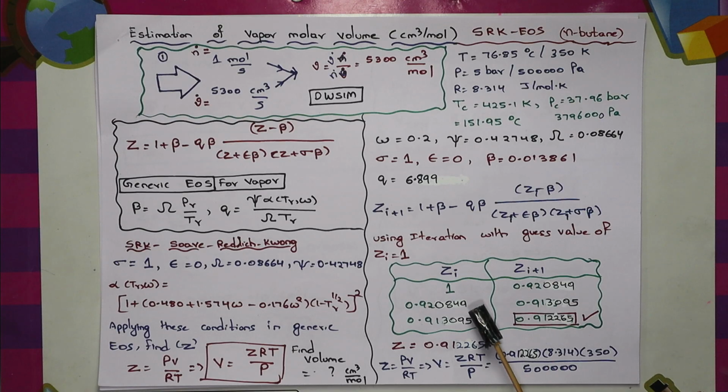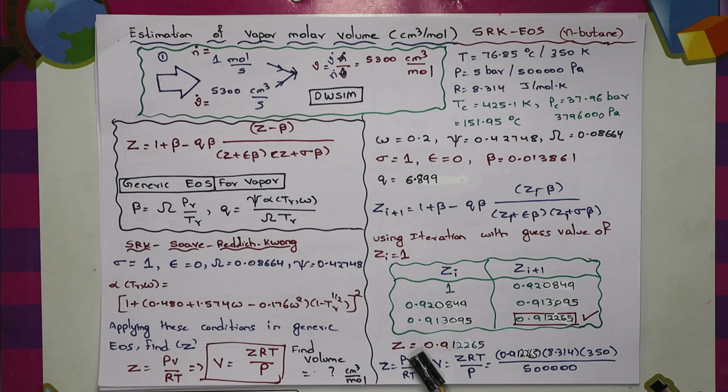Now you can see they are getting very close. Keep this as a new guess value and compute z i plus 1. Finally, if I consider two decimal places, 0.91 and 0.91 are almost close to each other, so I can stop the iteration. The solution for n-butane, the value of z, is 0.912265.